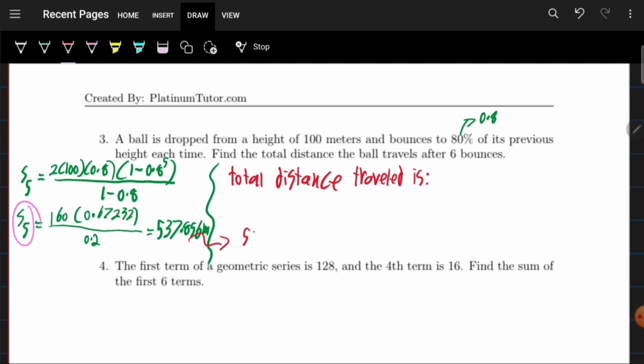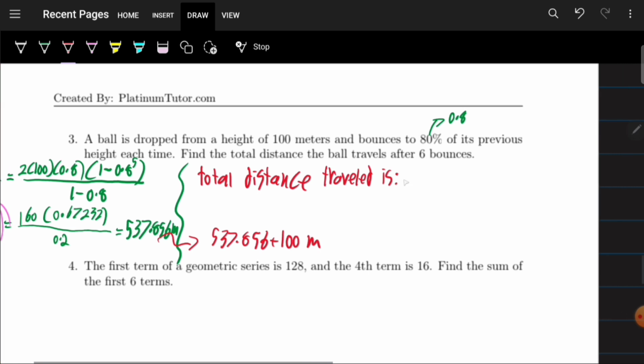So 537.856 plus 100, which is 637.856 meters. Okay, so that's the final answer there.